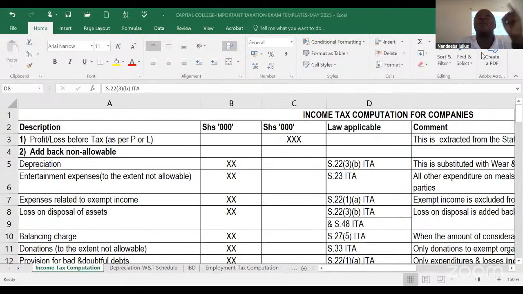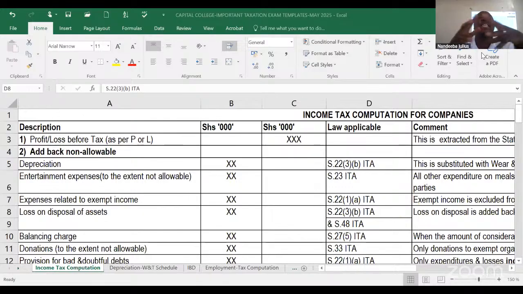And I'll tell you why you need to know the industry that this entity is operating in. So they are giving you an entity that is doing business, but you must ask yourself, what kind of business is this entity doing? I'll give you examples of the common things that they are going to ask you.